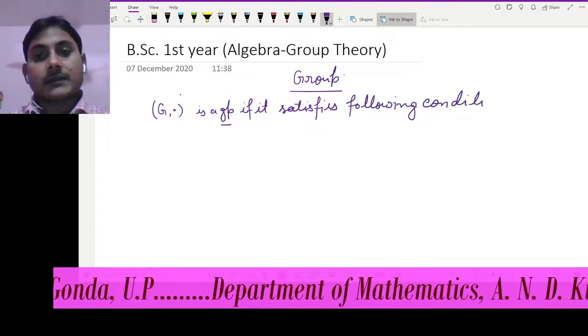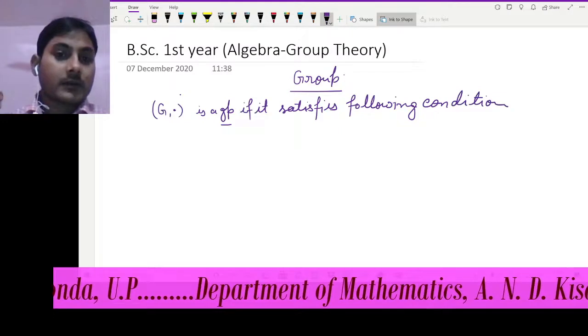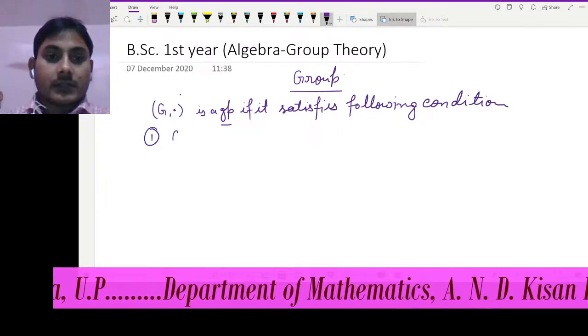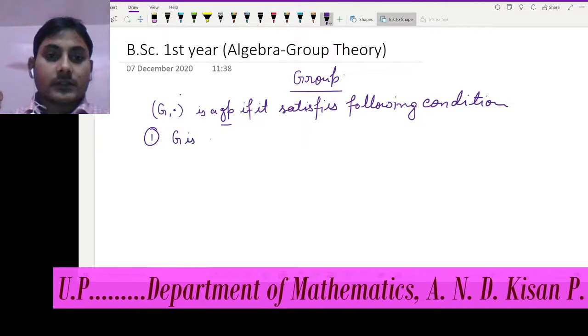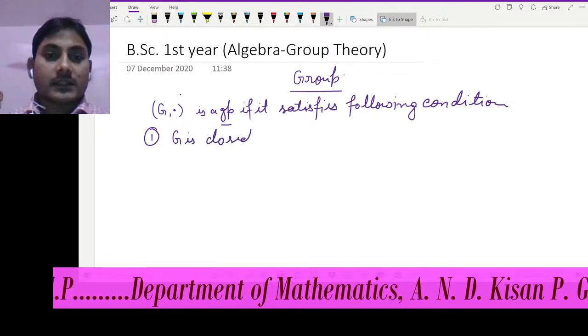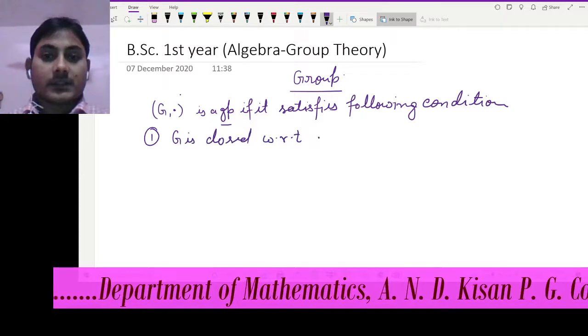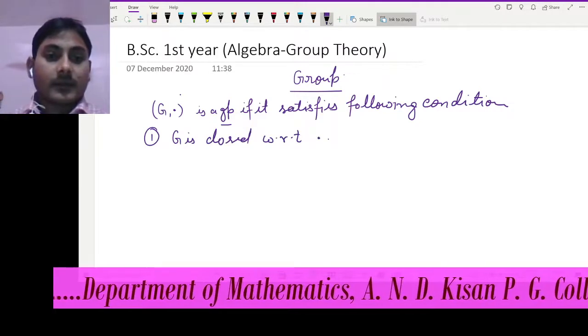First condition is G is closed with respect to this given operation.